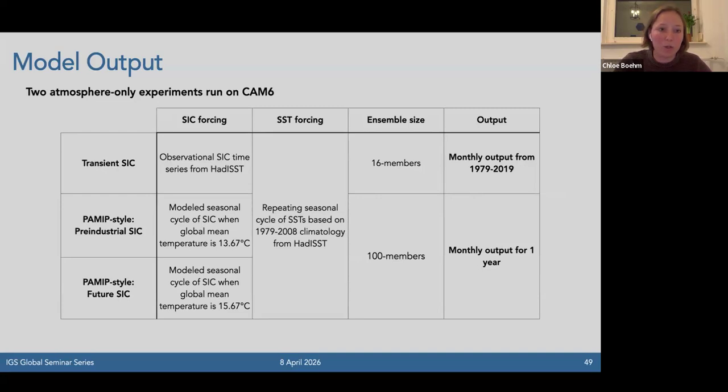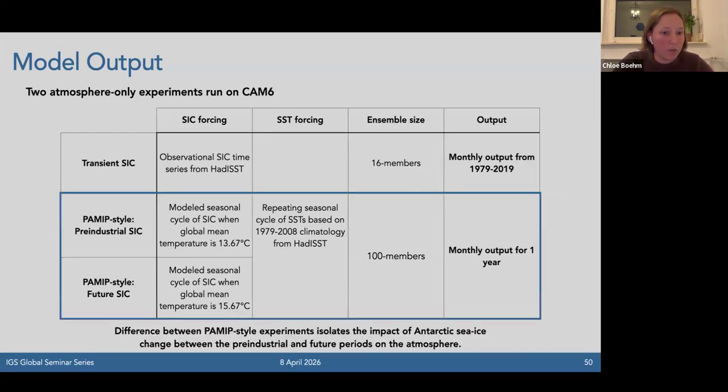The second set of experiments we used are these PAMIP style experiments. These are atmosphere-only experiments forced with just a seasonal cycle of sea ice from two different states. There's a pre-industrial sea ice experiment, forced with sea ice from when the global mean temperature was 13.67 degrees, representative of pre-industrial times. And then there's a future sea ice experiment forced with a seasonal cycle of sea ice from when global mean temperature would be 15.67 degrees, again a future state.